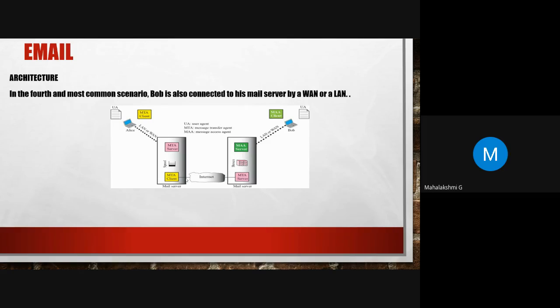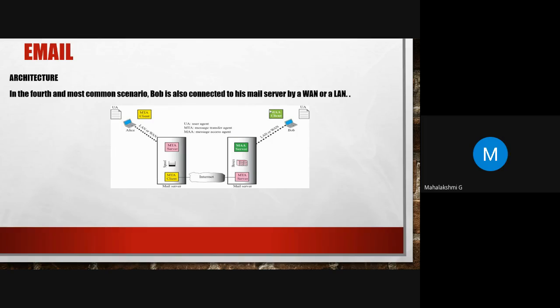Therefore, here we need another client server agent, which we call a message access agent. Bob uses an MAA client to retrieve his message. The client sends requests to the MAA server, which is running all the time, we all know that, and requests the transfer of the message.